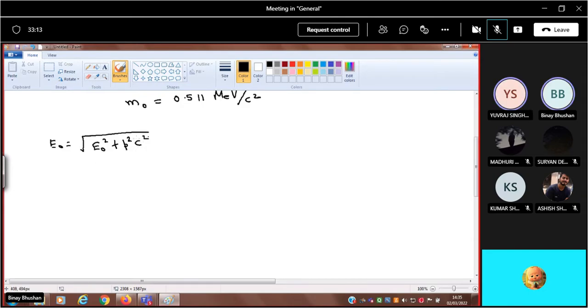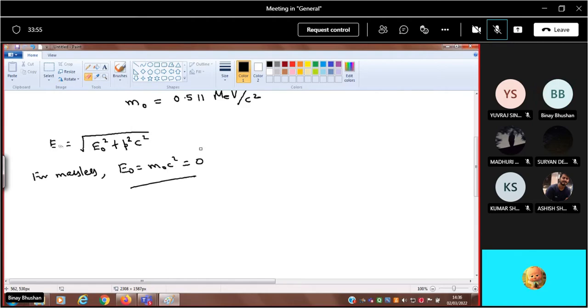This is true for a general particle. For a massless particle, E naught is equal to m naught c square, and that is 0 because the rest mass of a massless particle is 0. Sorry, this is not E naught here, this is the total energy E. E equal to under root E naught square plus P square c square.